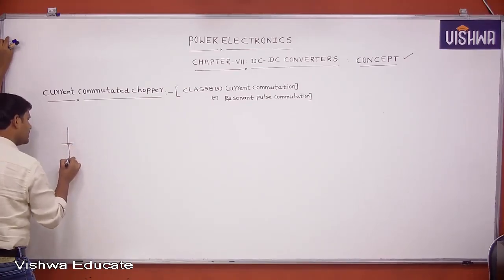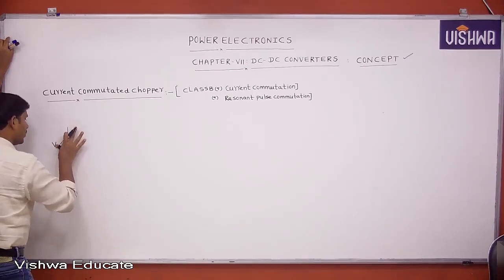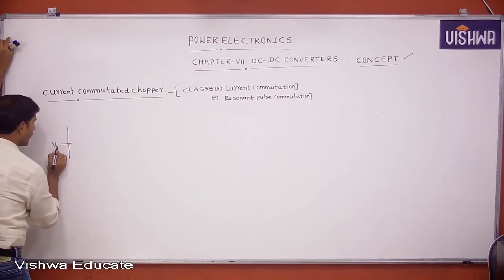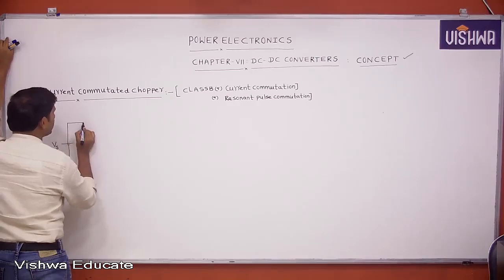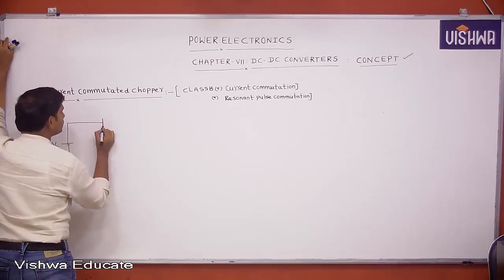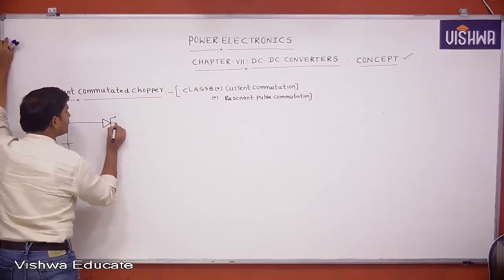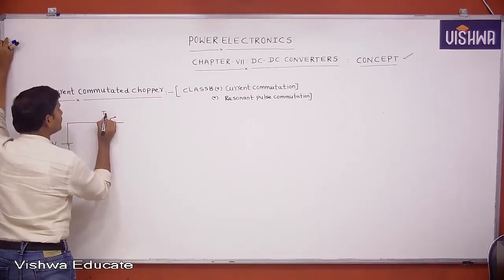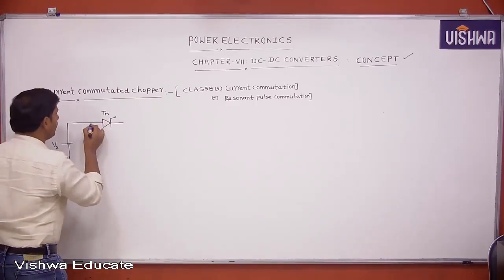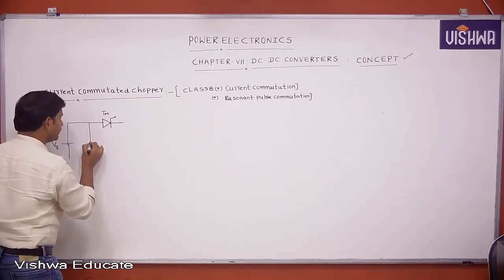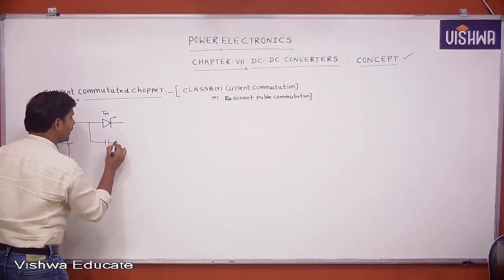Let the supply voltage be Vs. This is the main thyristor, and this is the capacitor and inductor.